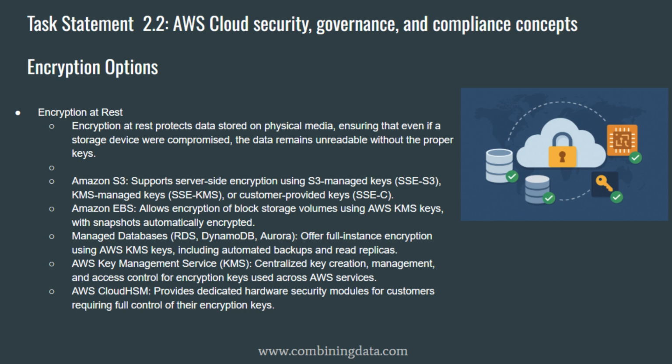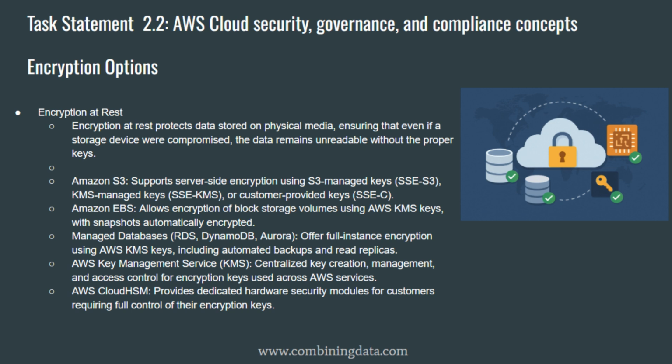In AWS, encryption at rest is deeply integrated into most services and is often easy to enable or enabled by default. Let's look at some common examples. For Amazon S3, AWS supports server-side encryption, which means AWS encrypts your objects automatically when they are stored.